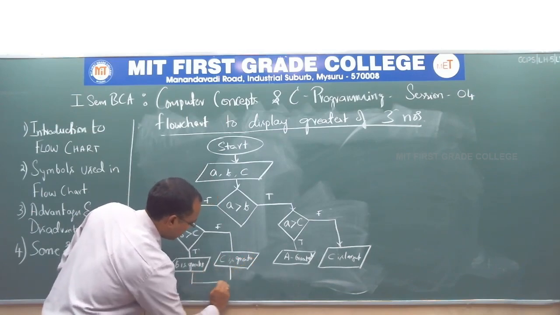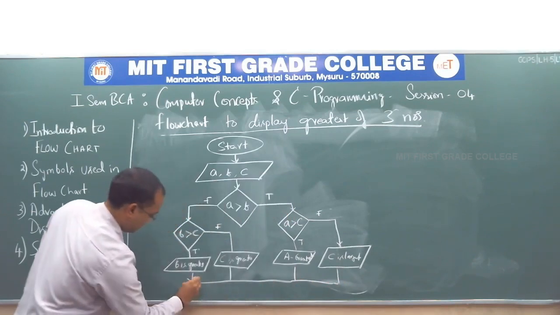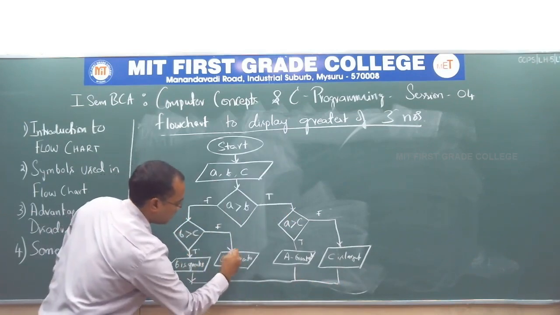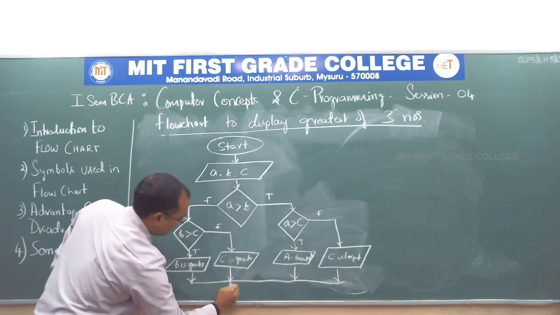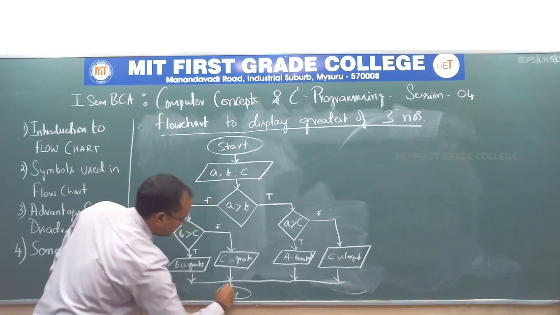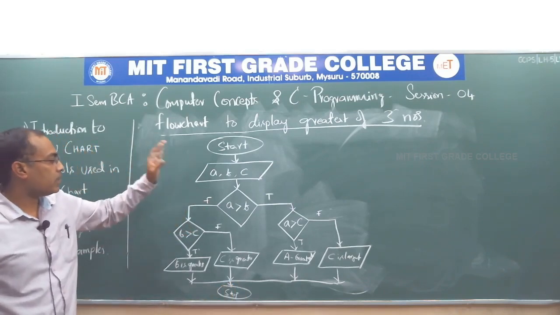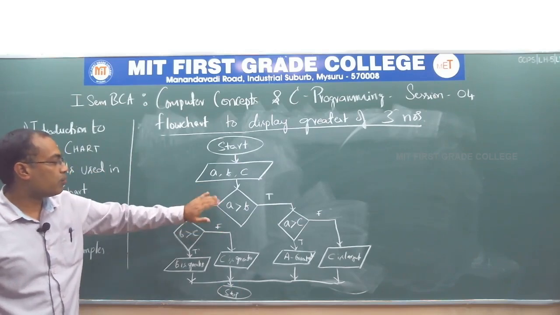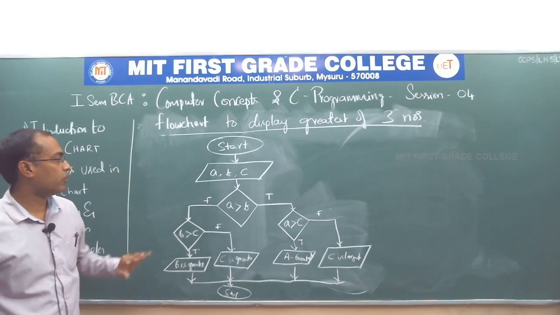Connect all this and terminate the flowchart. Okay, so this is an example where you are using multiple decision symbols and constructing the flowchart.